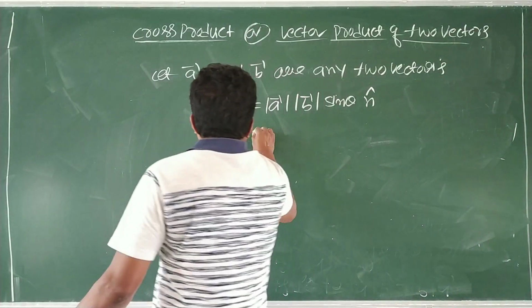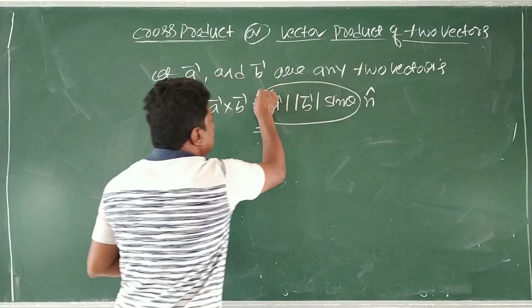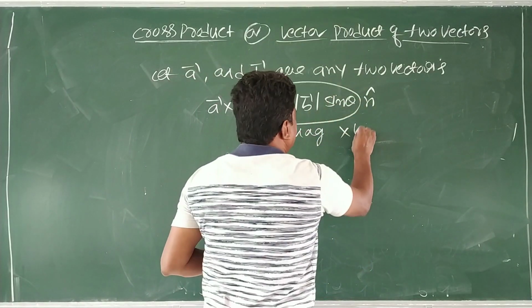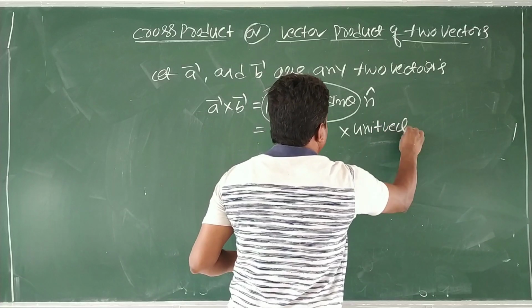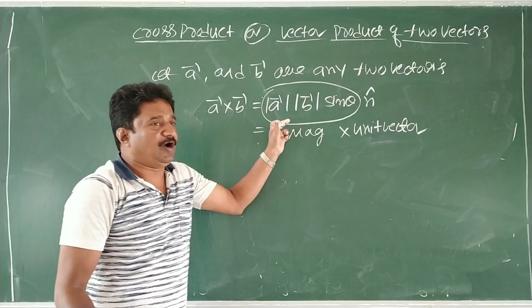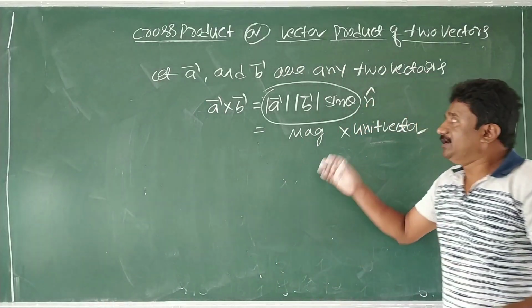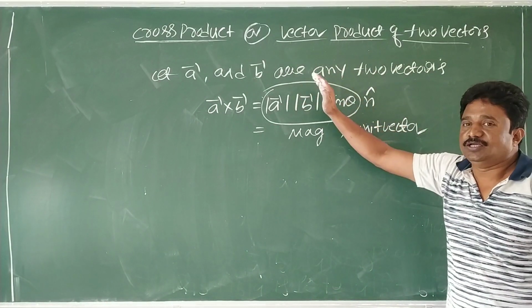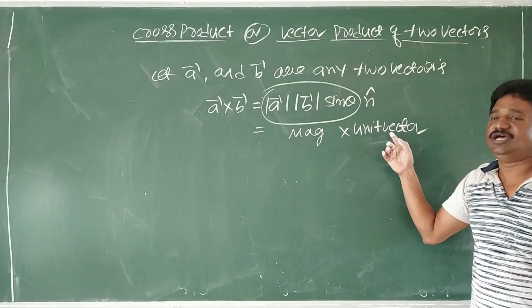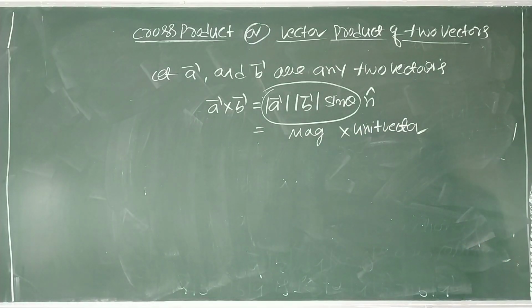Observe this carefully, students. A cross B looks like a magnitude, a length, a scalar quantity, into n cap, which is a unit vector. What is magnitude into unit vector? A vector.